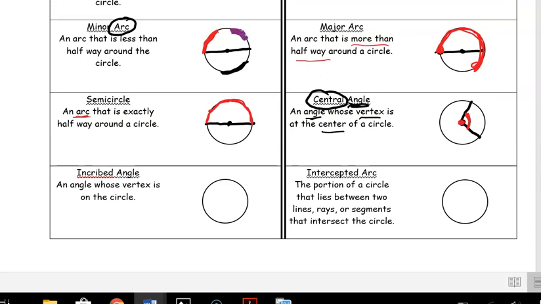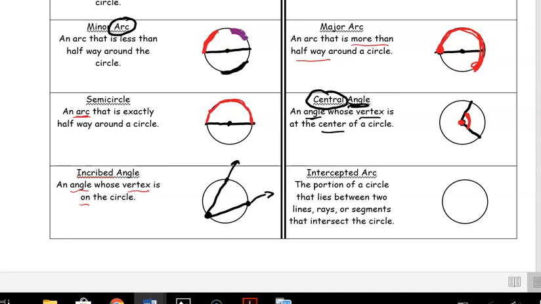An inscribed angle is an angle whose vertex is on the circle. So take a point, put it on the circle, and then make an angle from this point. So I'm going to extend it out to here, and then here. These can go further if you want.